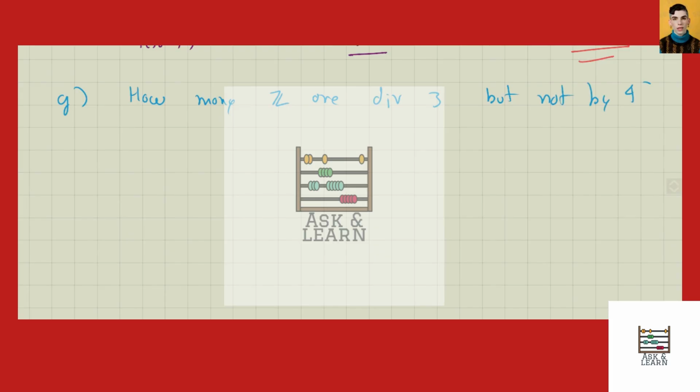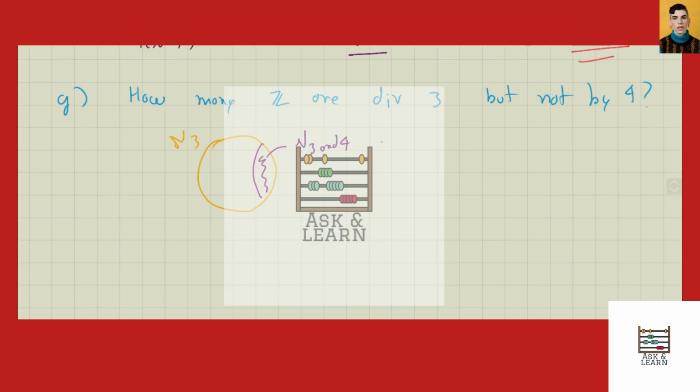That translates into taking the set of the numbers that are divisible by 3 and removing the intersection, right? This part is those numbers that are divisible by 3 and 4.